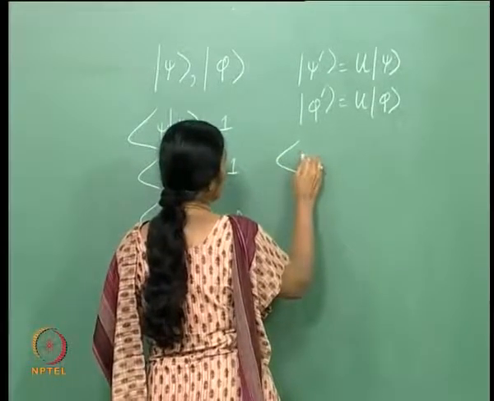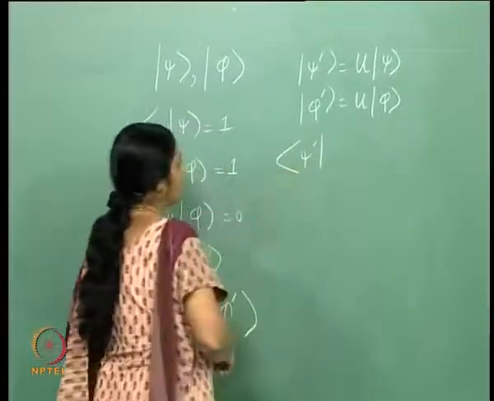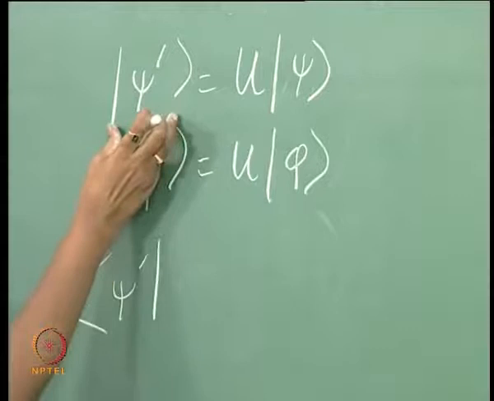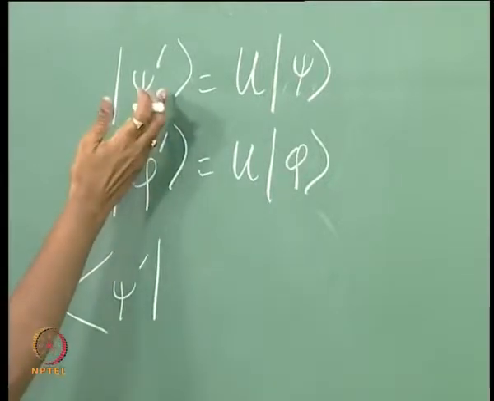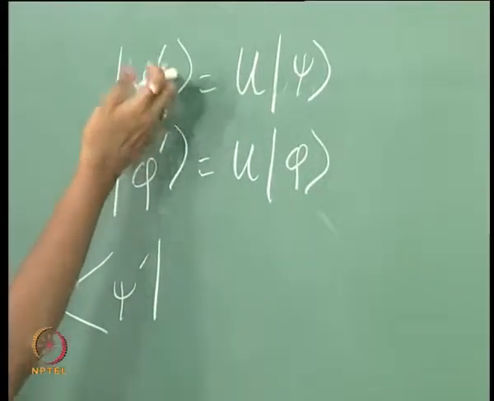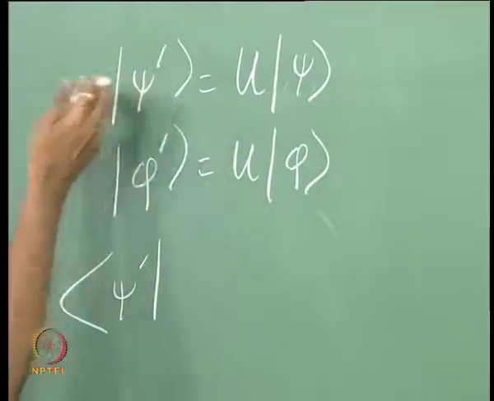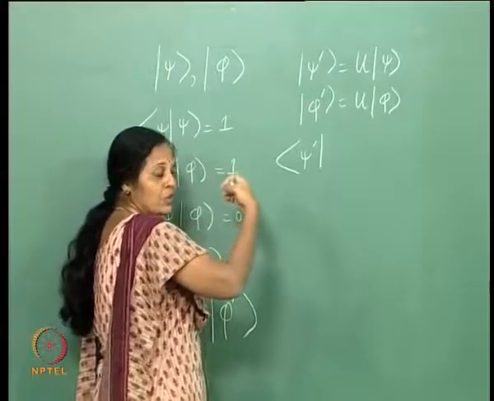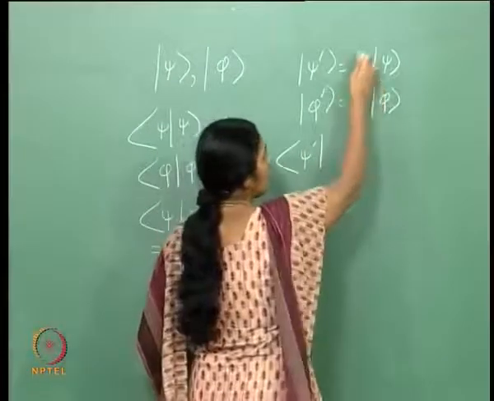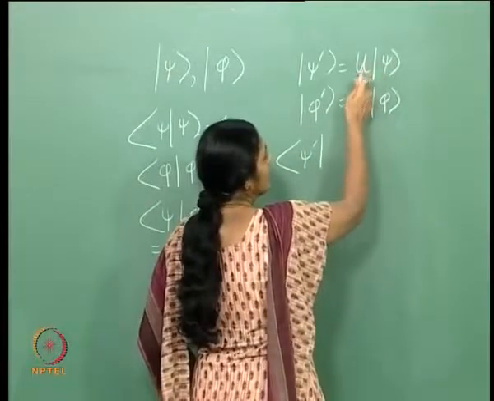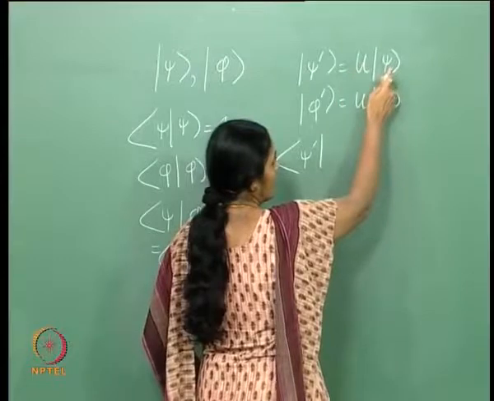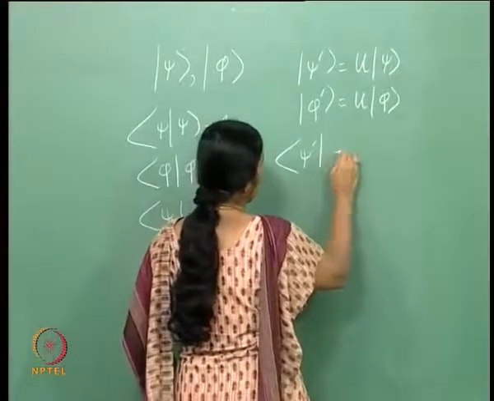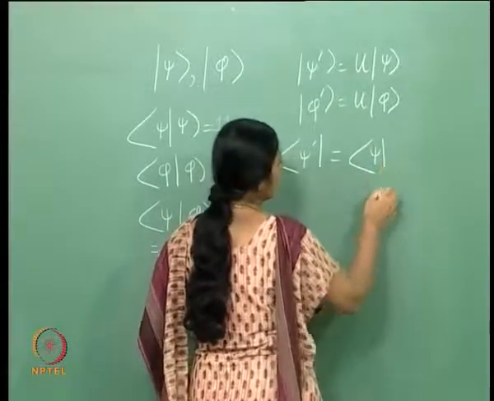So, what is the bra? Means interchange the rows and columns. That means, since this was a column, it would become a row. That means, take the transpose and take the complex conjugate of every entry, which amounts to saying take the Hermitian conjugate of this matrix and make that ket into a bra. So, psi prime bra is this.